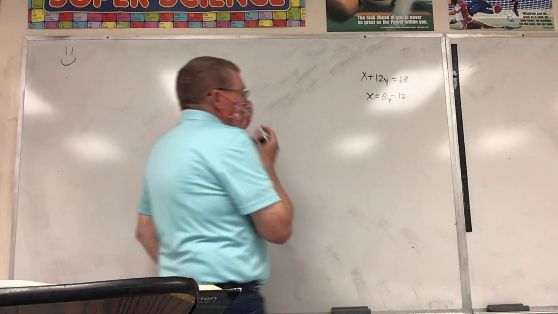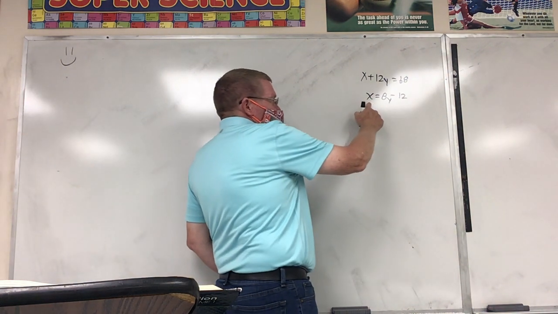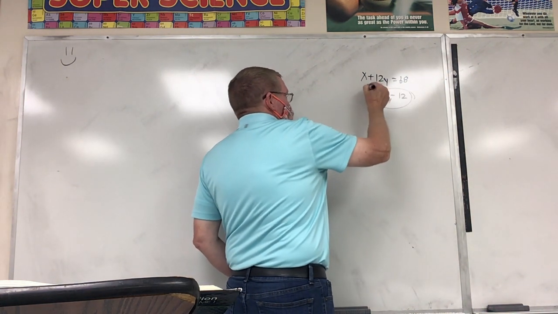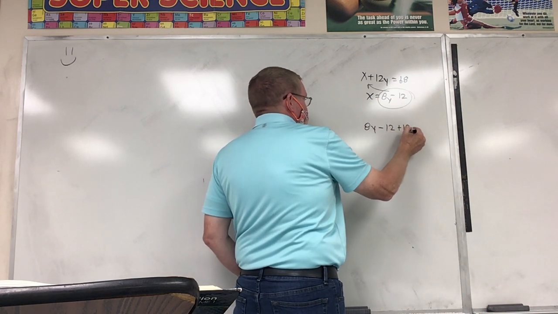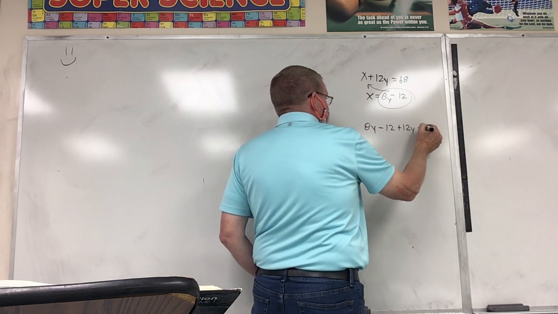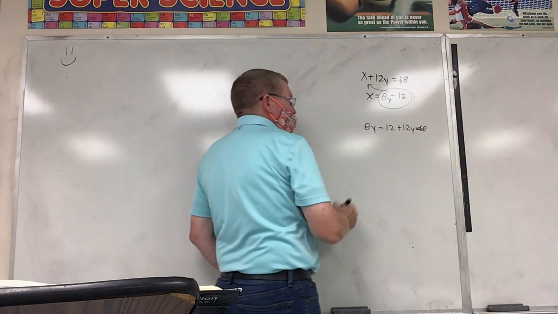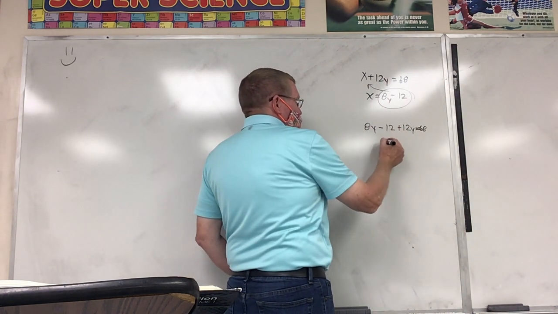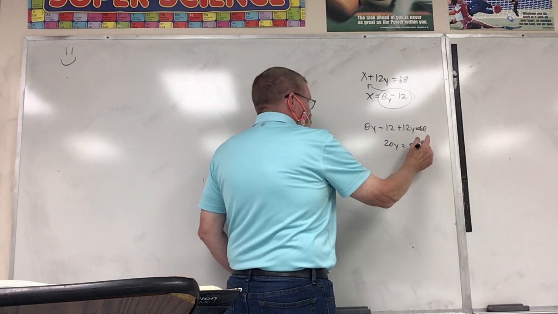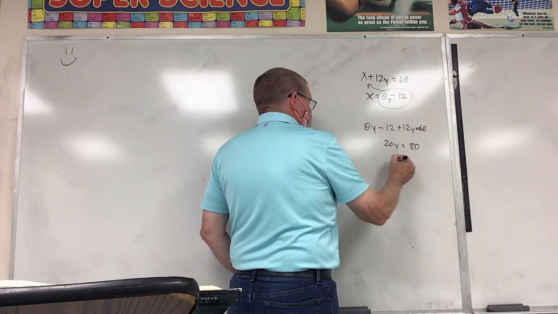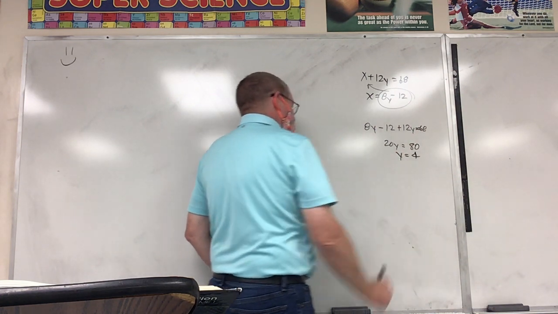All right, so here it's already solved for x, so we just use this one. I'm going to take this value, put it in for the x. 8y minus 12 plus 12y equals 68. Simplify, that's 20y equals 80. y equals 4.